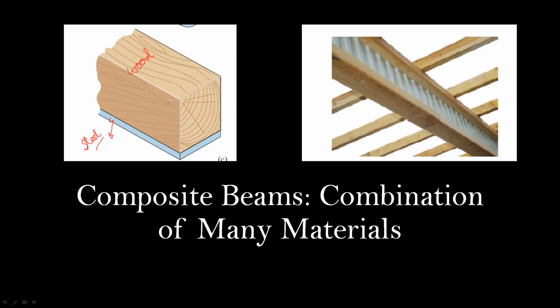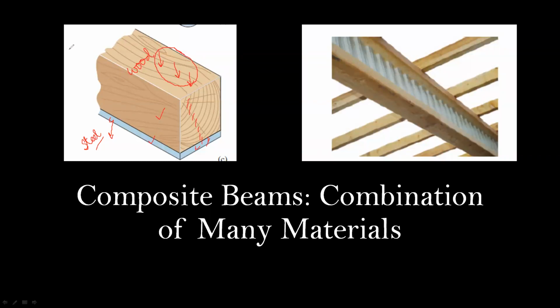This beam will be subjected to a load or bending moments, right? This beam entirely is responsible for withstanding the entire load, and this beam itself is a combination of more than one material, wood and steel.